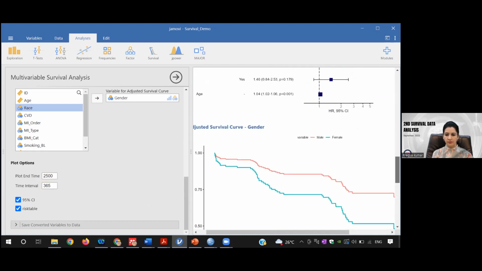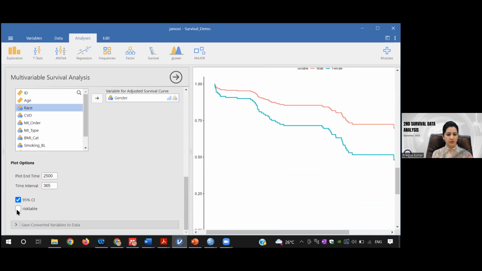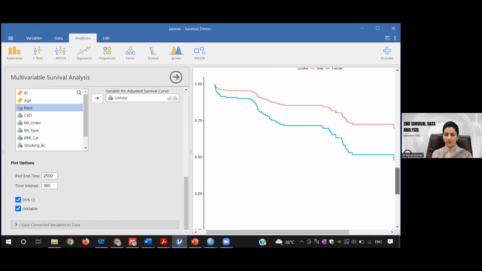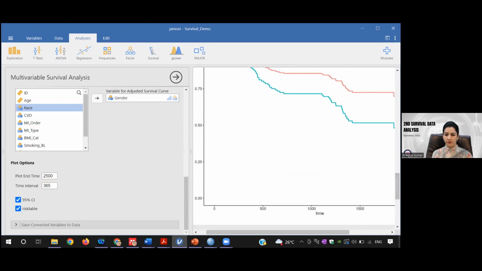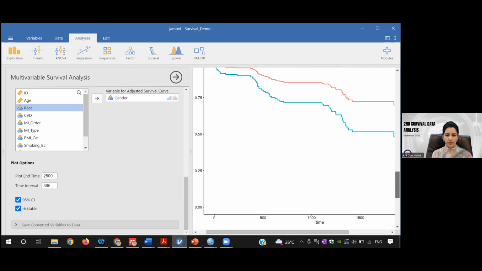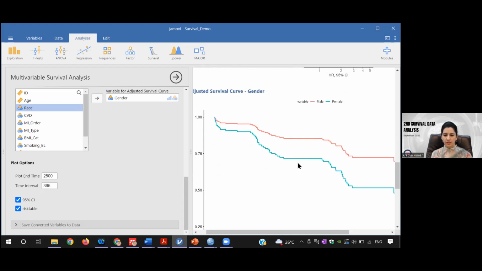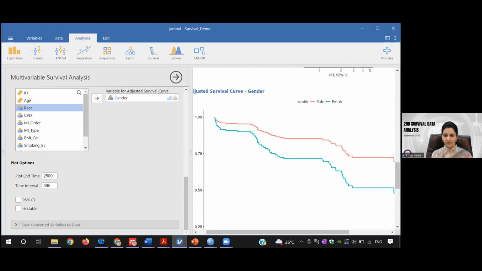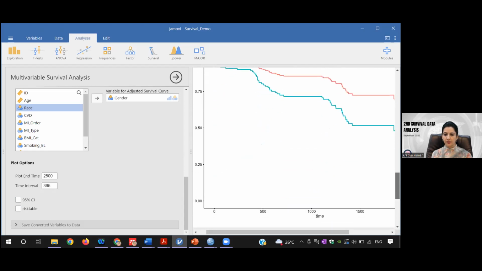Why is this risk table not coming? It is not showing even the 95% confidence interval, although the option is there. So maybe these two options give the adjusted survival curve. But if I uncheck that, this is the one.